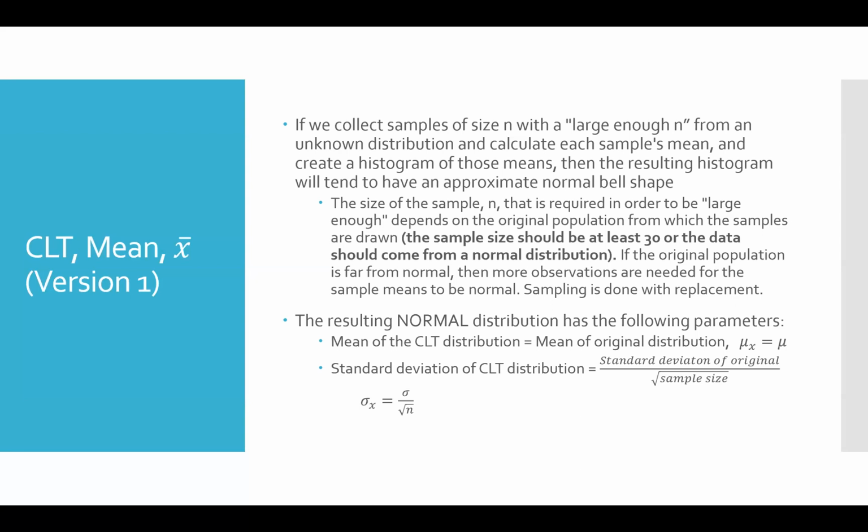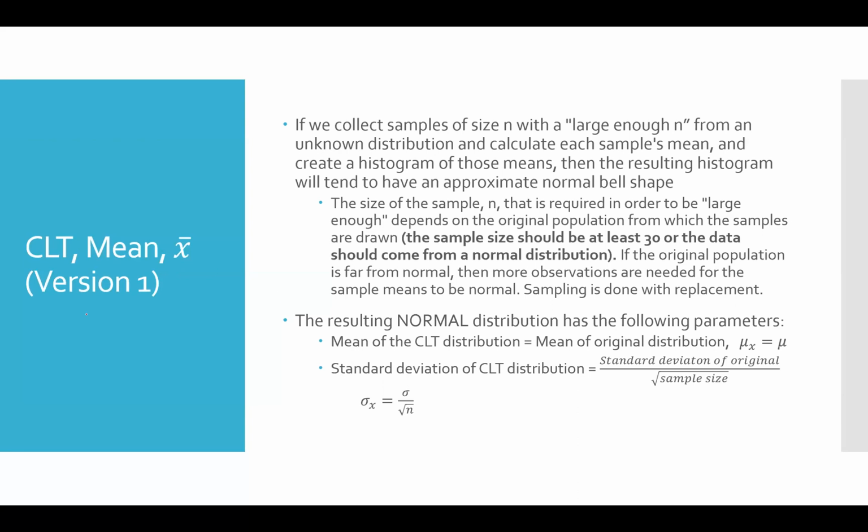And what's neat is the mean of the central limit theorem distribution is the same as the mean of the original distribution. And then the standard deviation of the central limit theorem is actually slightly lower.